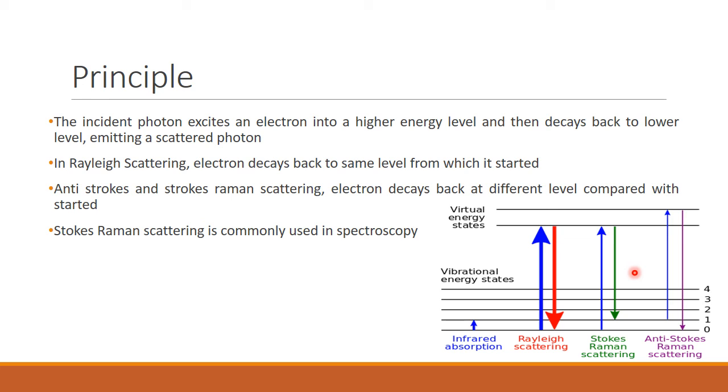Similarly, just the reverse can also happen. Say, for example, let the starting energy state of the electron be here. It is excited to a higher energy state with some energy. When the electron decays back, it comes to a lower energy state, but in this case the electron takes up a position much lower than the initial starting energy state.